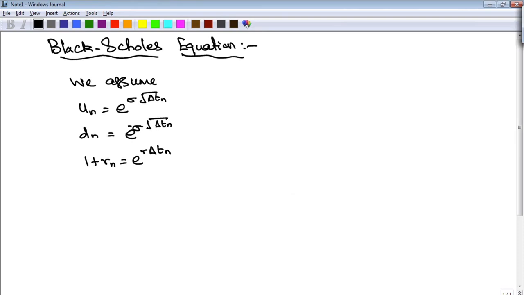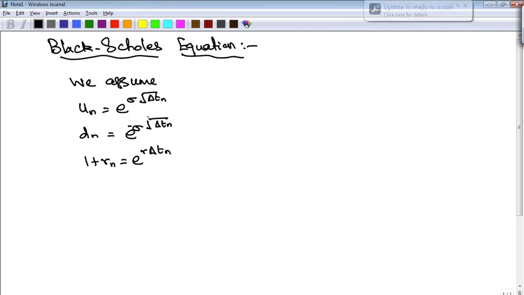This is what we will assume. If you recall, we had un and dn as 1 plus alpha times delta tn and beta times delta tn in the previous section while deriving the Black-Scholes model. But in the binomial model for stocks, we have also taken this as an approximation to the general form of un and dn.